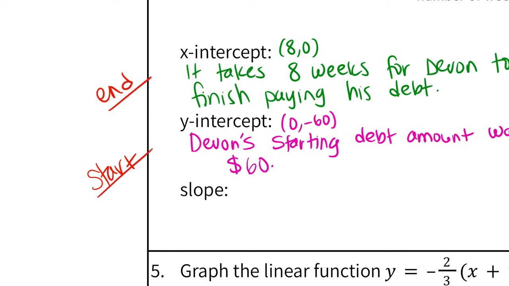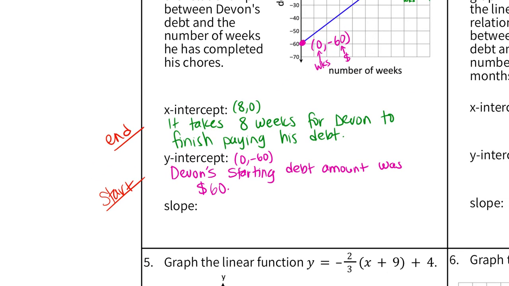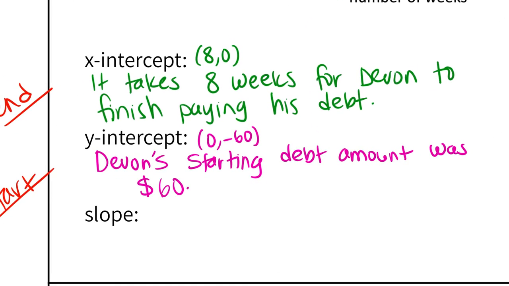Okay, the third thing that they wanted us to figure out was slope. And just like we did before, I'm going to use the 2 points that we already have. I'm going to treat this as x1, y1 for the x-intercept, x2, y2 for the y-intercept.